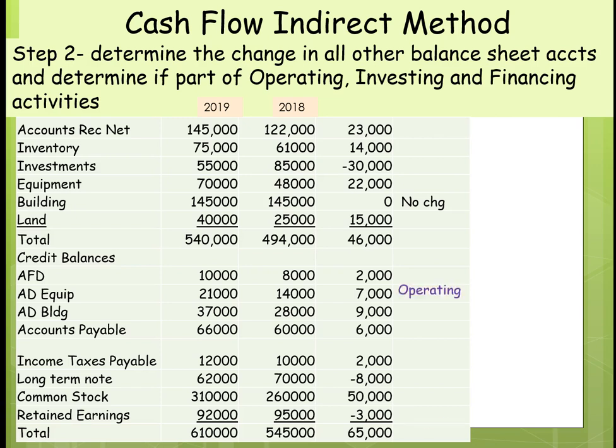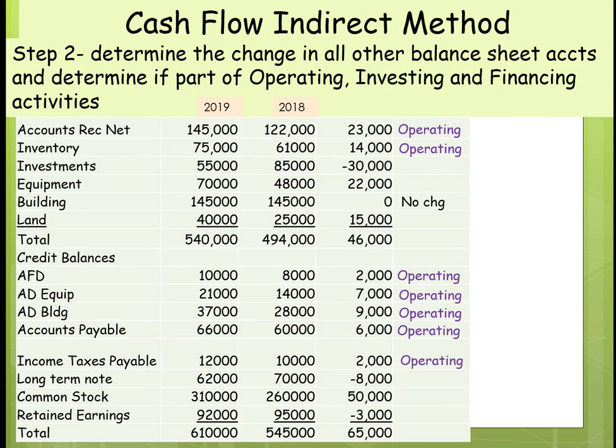So that would include our accounts receivable, our inventory, our allowance for doubtful, our accumulated depreciation equipment, accumulated depreciation building, accounts payable, and income taxes payable.